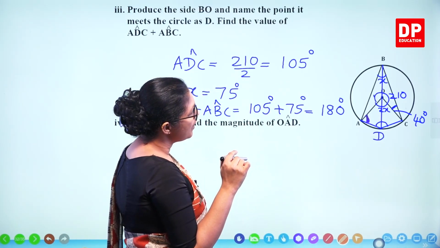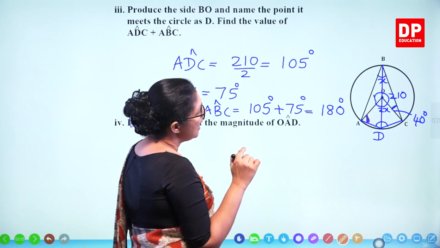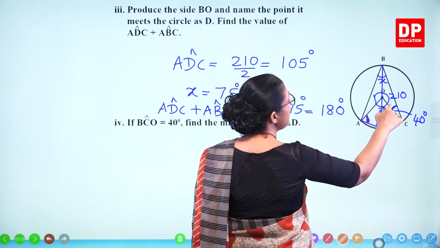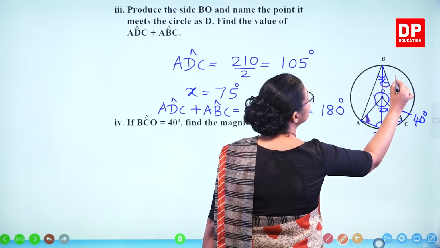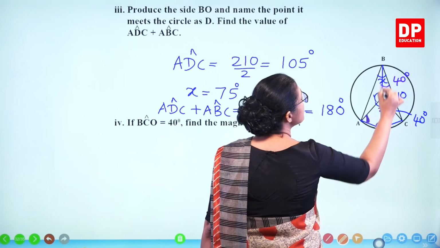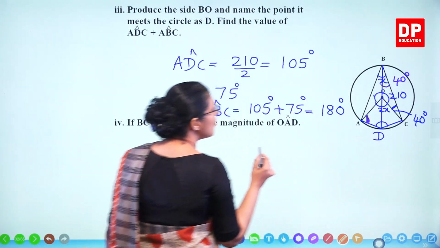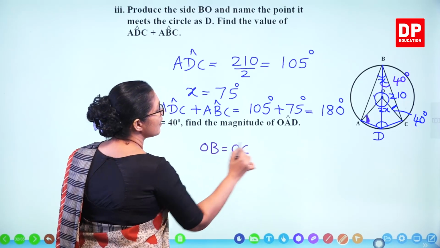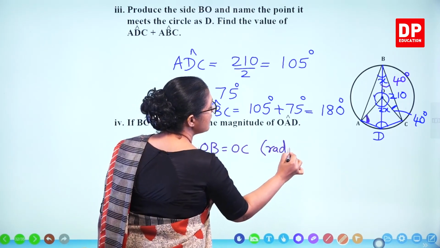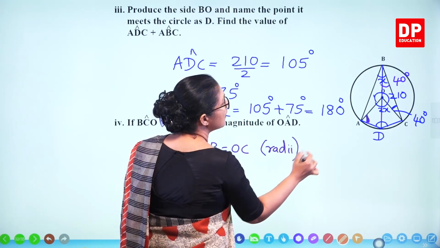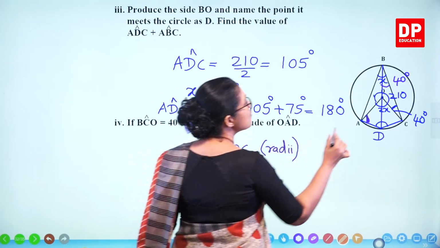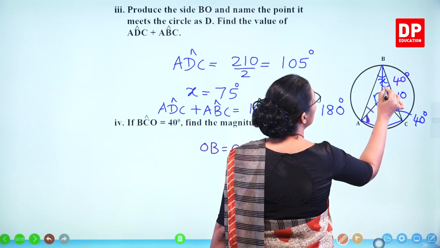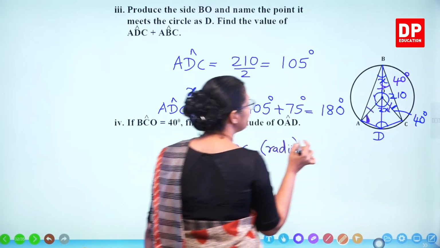So we'll try to find out that angle. If this is 40, this is 40, because OB is equal to OC. Because of radii, all these lengths are equal. OA also equal.